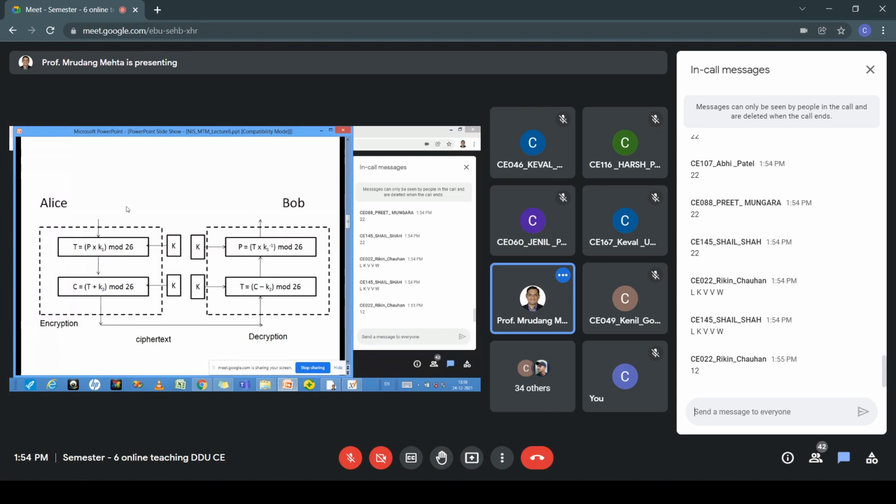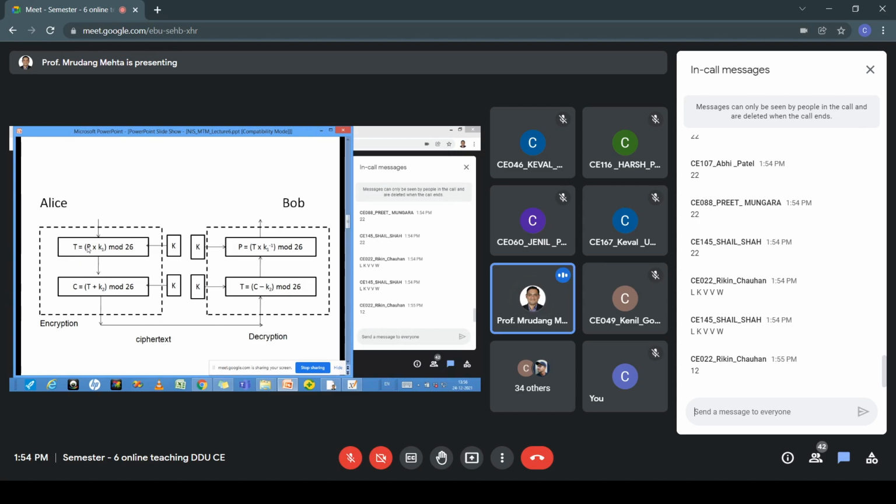So what happens on the encryption side when Alice wants to send a plain text message? Alice first applies multiplication on the plain text, and then addition is applied.